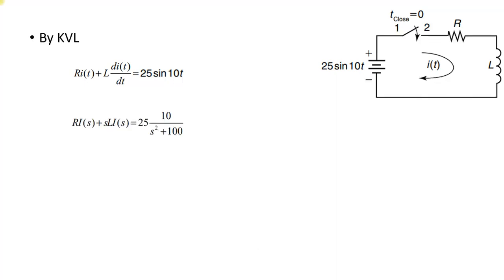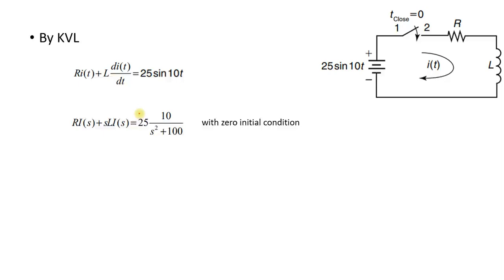If I take the Laplace transform of this equation, we know that sin omega t is replaced by omega divided by s square plus omega square. Here omega is 10, so it is replaced by 10 divided by s square plus 10 square, which is 100. Since the initial current is 0, the constant term L into i(0) is not present.